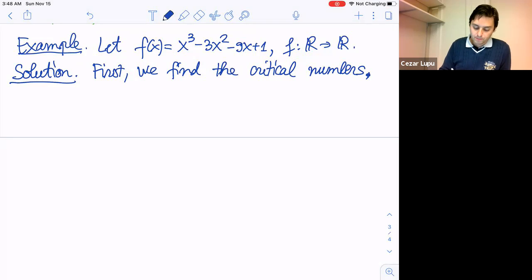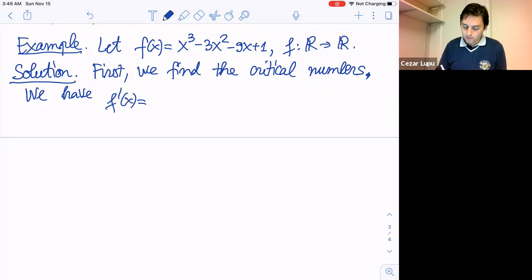Well, the first derivative is 3x squared minus 6x minus 9. As you can see, this is a quadratic function, and in fact, we can factor this. It is nothing other than 3 times (x minus 3) times (x plus 1).